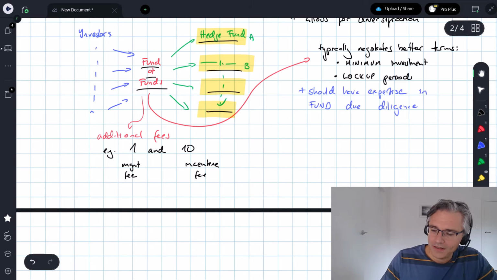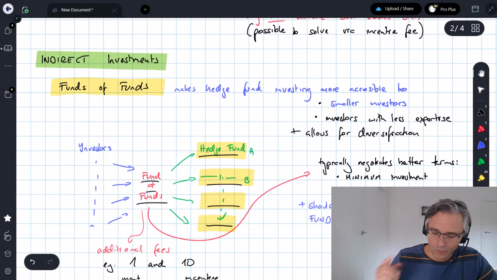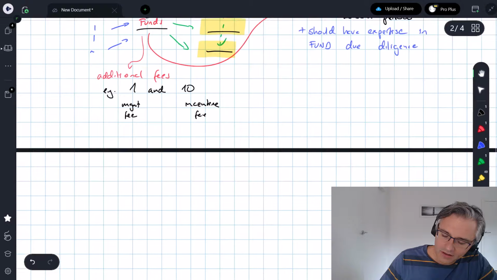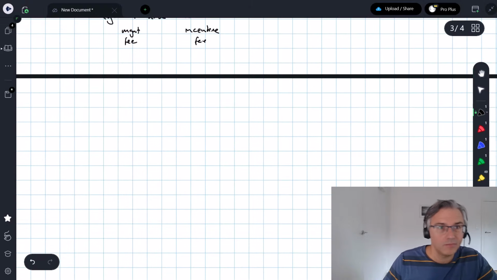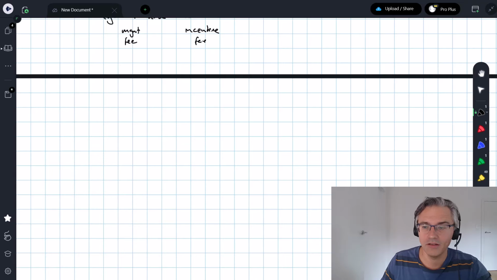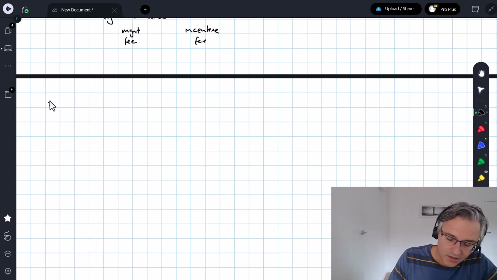Now, this is one of the indirect investment forms discussed in the curriculum. There's another one, but it's a lot less detailed, a lot quicker: ETFs.